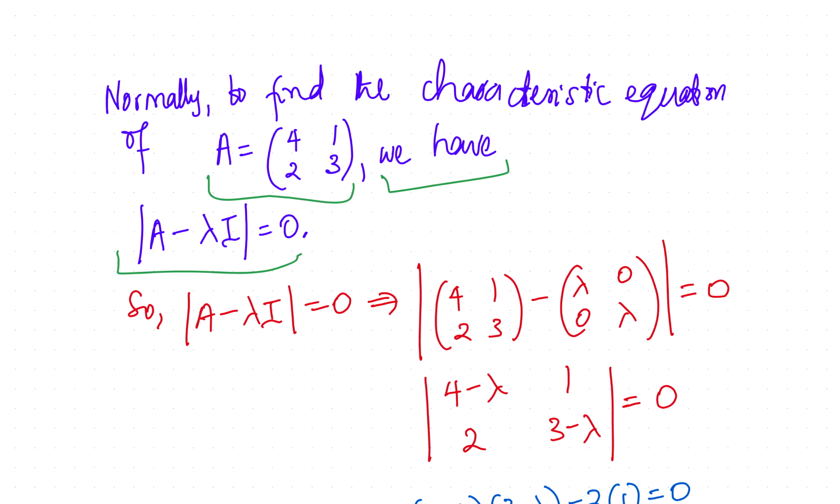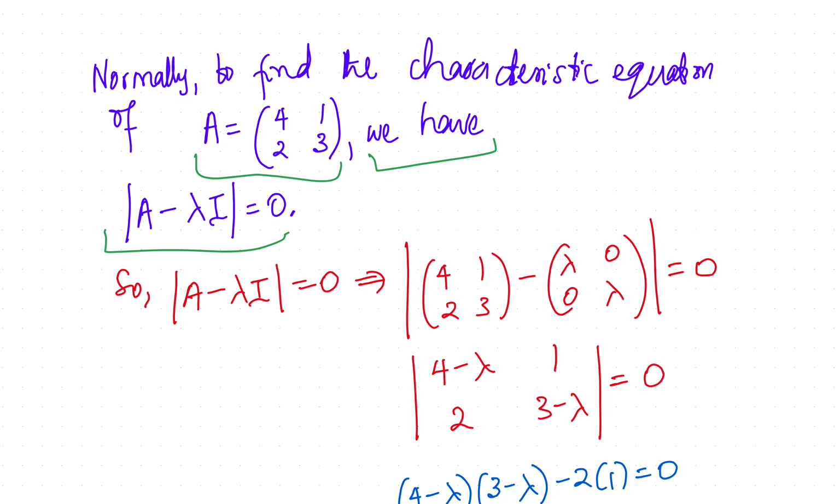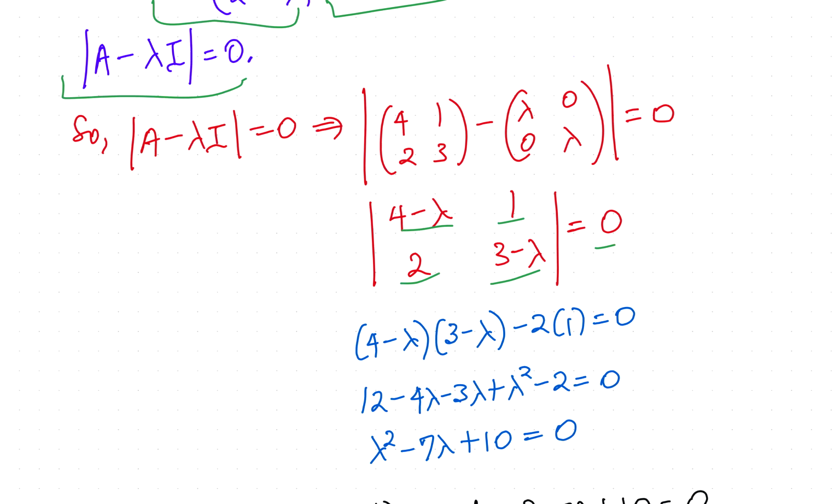So A minus lambda I is 4, 1, 2, 3 minus lambda, 0, 0, lambda, equals 0. That's 4 minus lambda, then 1 minus 0 is 1, 2 minus 0 is 2, 3 minus lambda, and that's 0. Then you find the determinant: 4 minus lambda multiplied by 3 minus lambda, minus 2 times 1, equals 0.